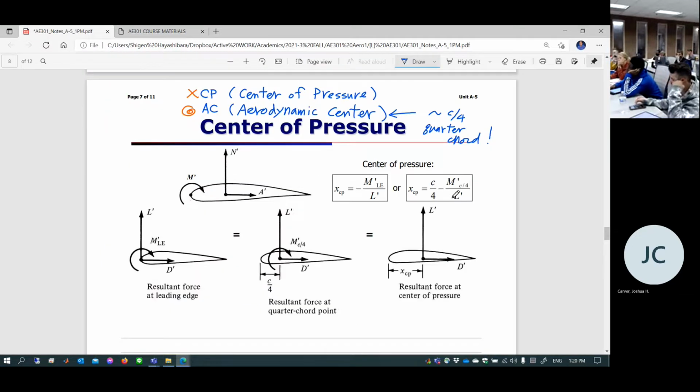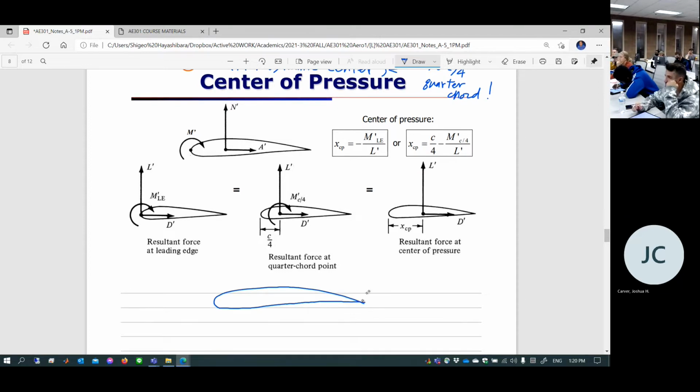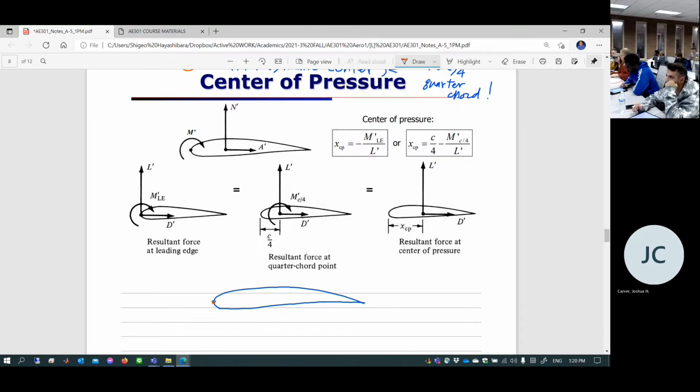Okay. So suppose you have a cambered airfoil. It's kind of way too early to talk about. An airfoil may have a camber. Camber means a non-symmetric cross-section, okay? Now, you can draw a straight line from leading edge to trailing edge. A straight line between leading edge and trailing edge is a chord.